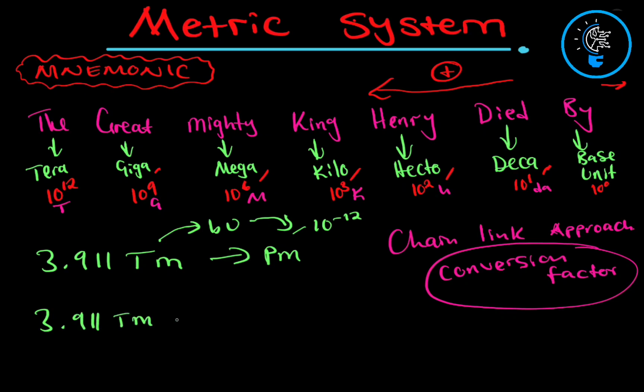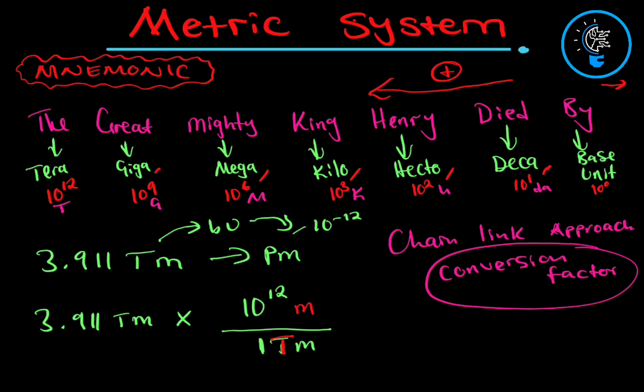So 3.911 terameters times, we are going to put terameters at the bottom, and we know that for every 1 terameter we have 10 to the power 12 what? We are saying 12 meters. In other words, 12 base unit, but in this case it's meters. So we're going to put meters on top.